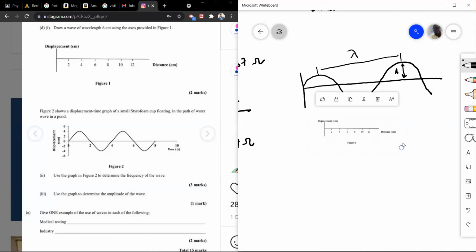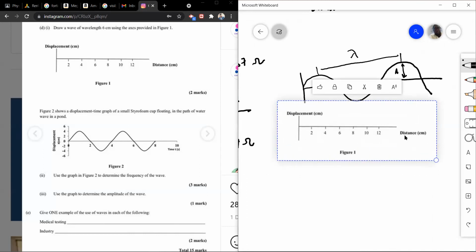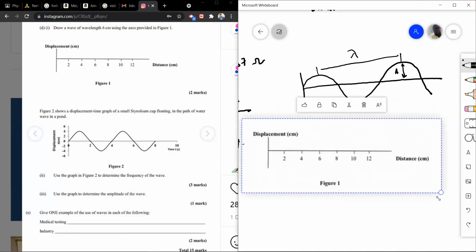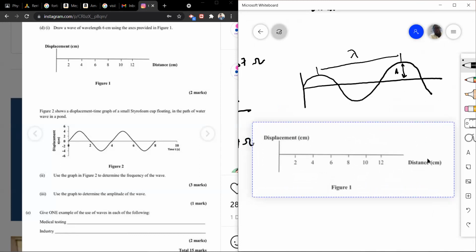So that's why I said there's no one way of doing this. All right, let's see. We want to make sure that this wavelength up here is 6 centimeters. Why is this not working now?